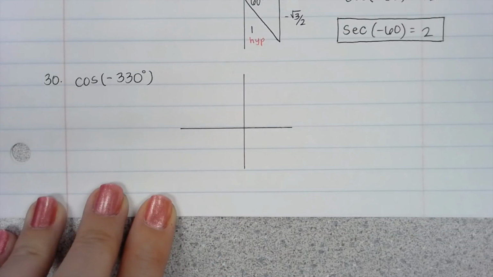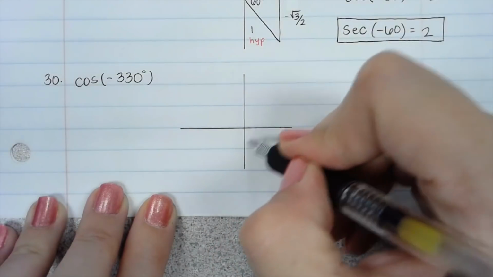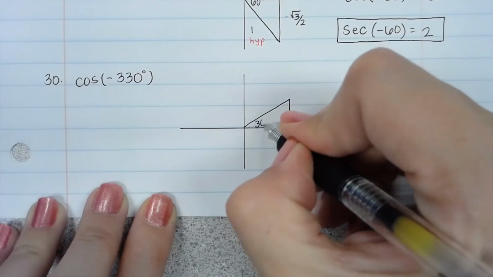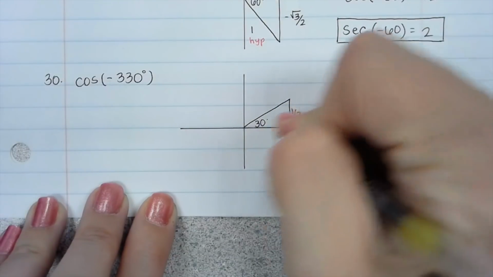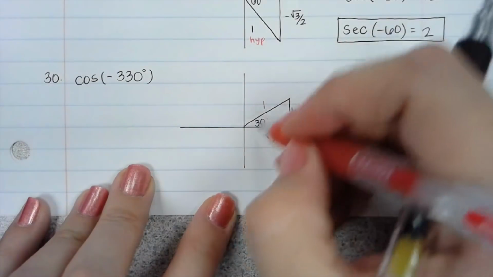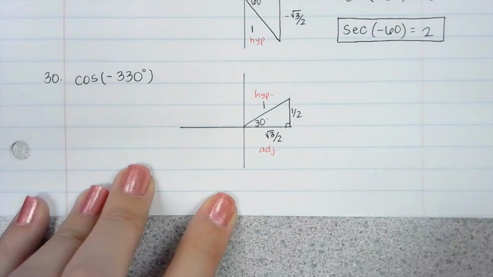And then the last one in this section is question number 30. It wants me to find the cosine of -330 degrees. So -330 would be almost all the way around the opposite way. It would just be 30 short. And so that's how I find that that's my 30-degree angle. And then I label my sides. For cosine, I'm going to need adjacent and hypotenuse.